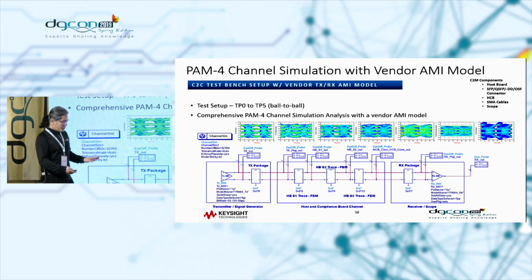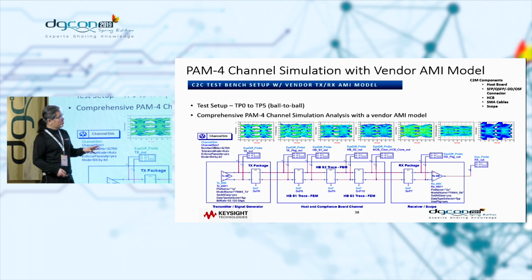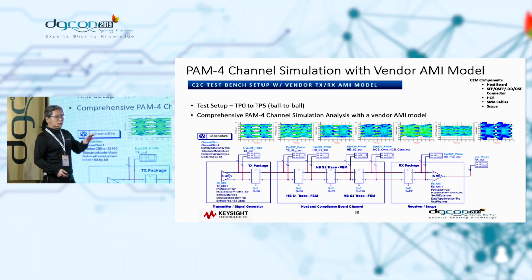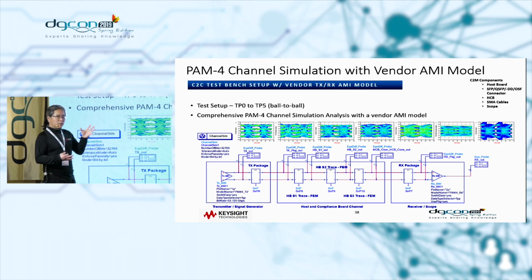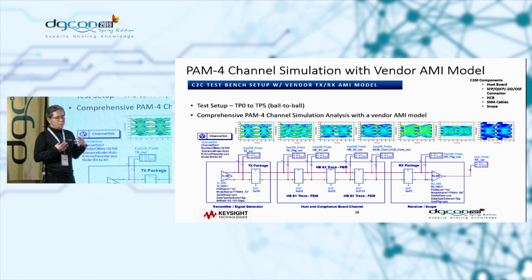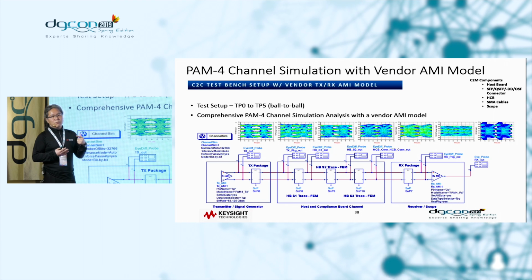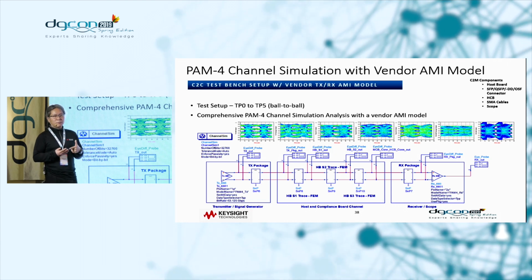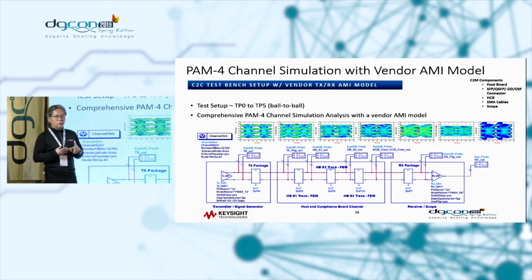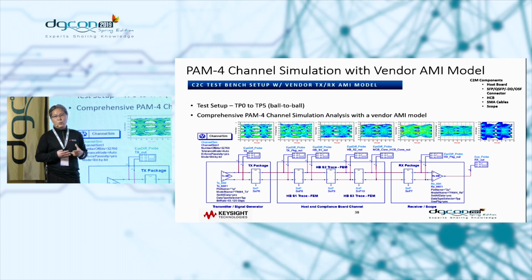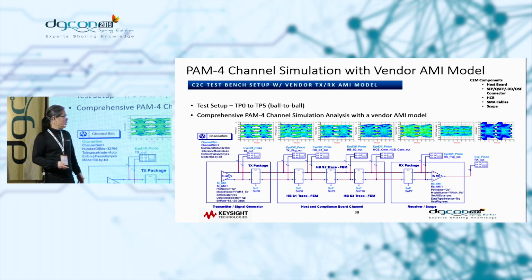But one of the issues with this is, based on the previous slide, Annex 120E defines that you have to put the fourth order Bessel low-pass filter along with the CTLE only, not DFE. So in this case, how are you going to set that up?